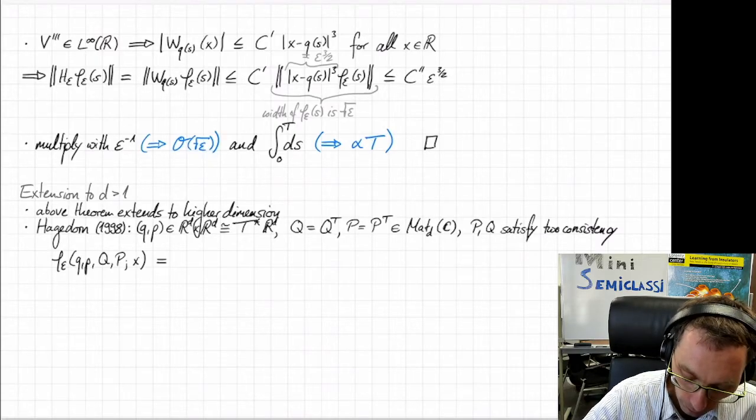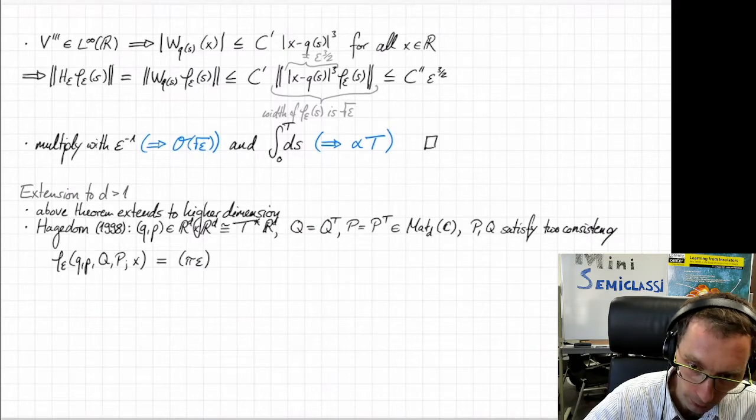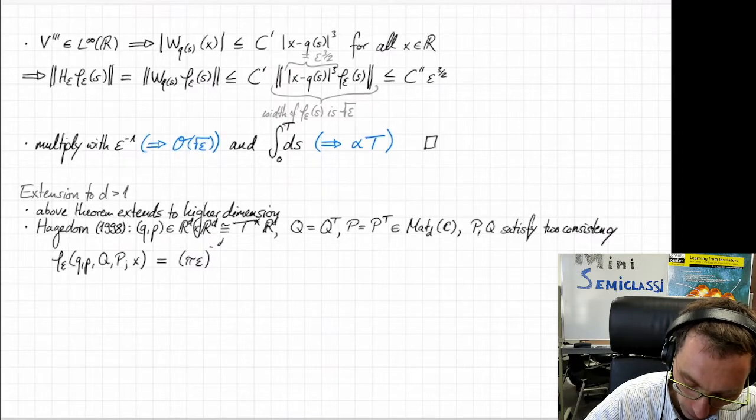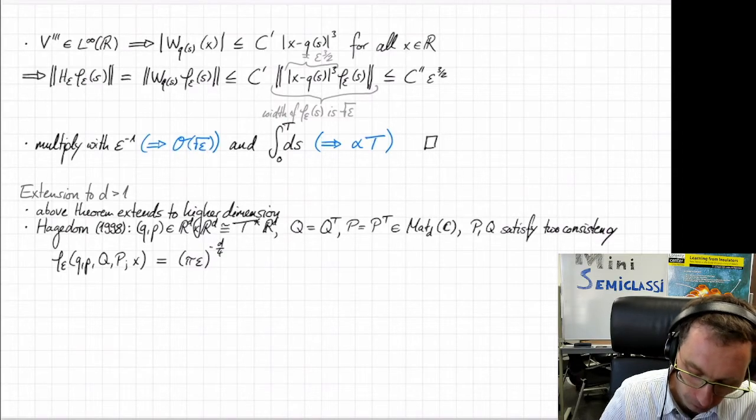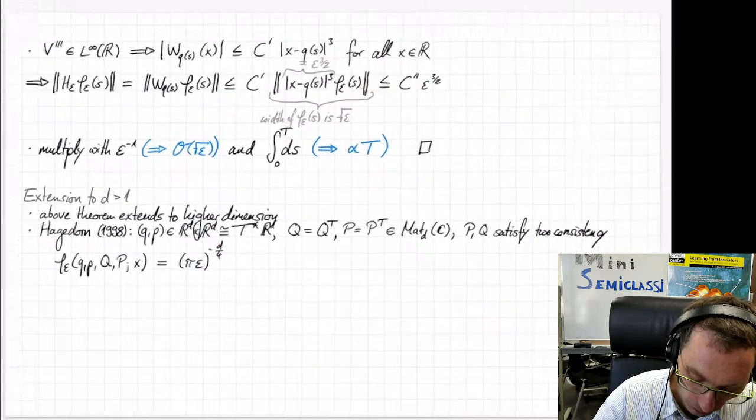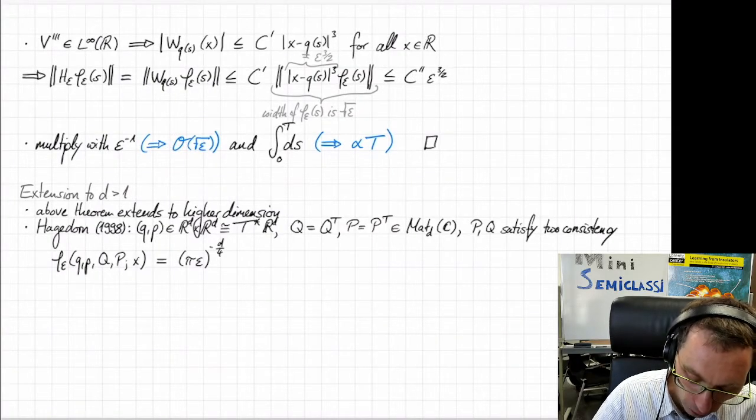So Hagedorn chooses his wave packets so that they are already normalized correctly. So you have a prefactor (pi epsilon) to the power minus d over 4.